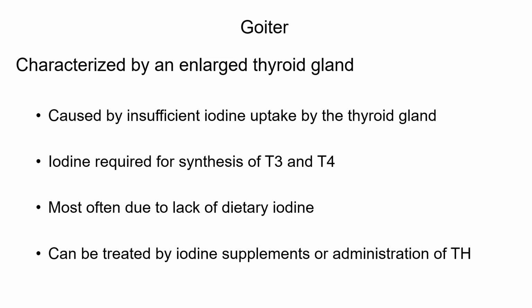And when those follicular cells are unable to obtain enough iodine in the blood because there's not enough iodine in our diet, those follicular cells proliferate. They multiply because the thinking goes that if there are more cells, then the thyroid gland is better able to grab whatever iodine might be passing by in the blood.